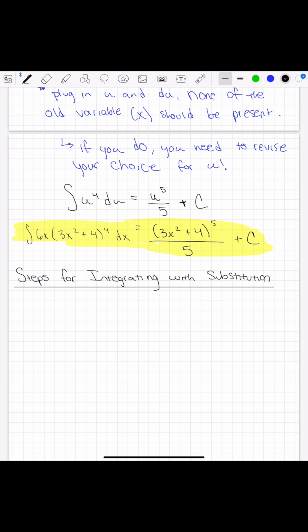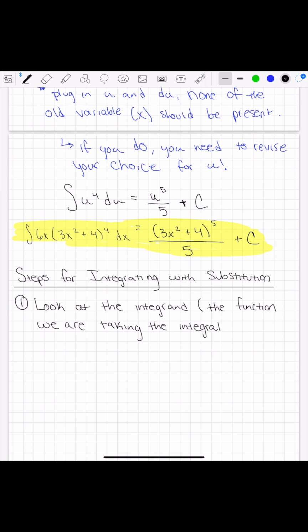The first step is to look at the integrand, which remember is the function we are taking the integral of, and choose a g of x within the integrand to set equal to u.